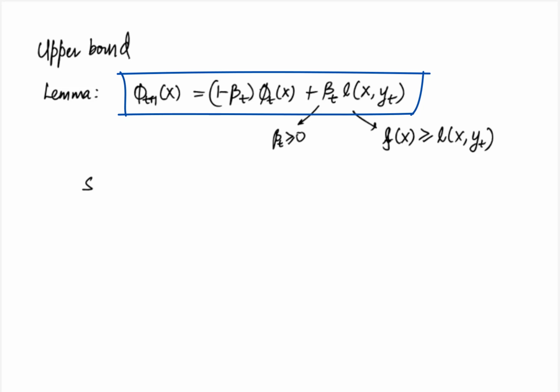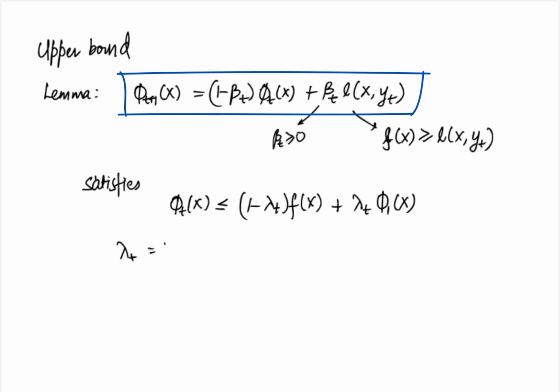This sequence satisfies the upper bound property, that is that phi t of x is less than or equal to (1 minus lambda t) f of x plus lambda t phi 1 of x, where lambda t is equal to the product from i equal to 1 to t minus 1 of (1 minus beta i), and lambda 1 is equal to 1. This statement therefore gives us a way of constructing estimate sequences.